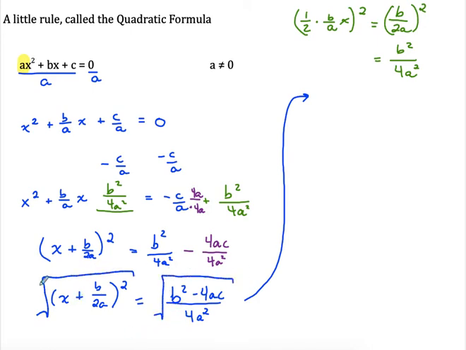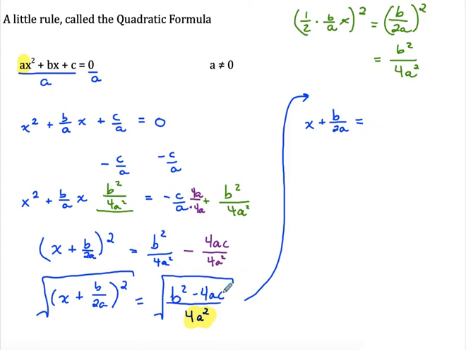Okay. So if I take the square root of this side, I'm going to have x plus b over 2a is equal to, so I'm going to take a look at this side. If I look at this denominator here, this is kind of neat. 4a squared, I actually can take the square root of that. So the square root of 4a squared is 2a.